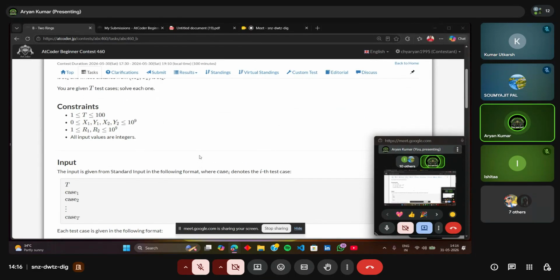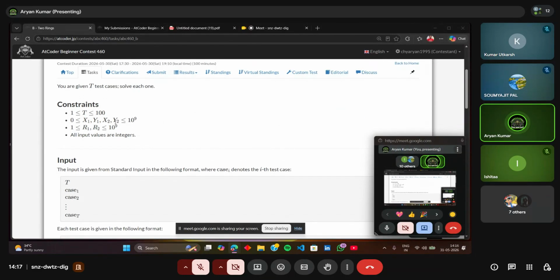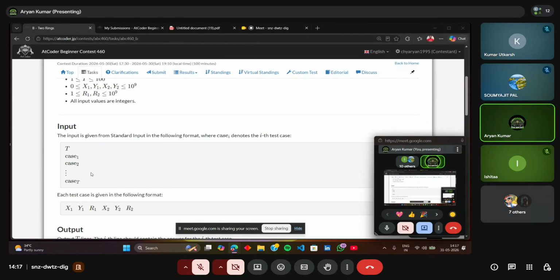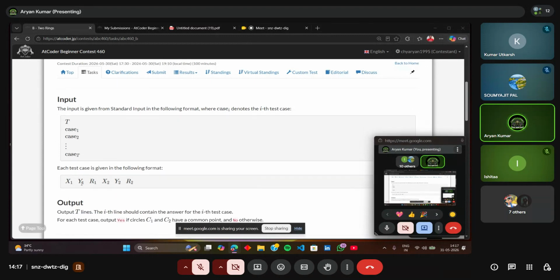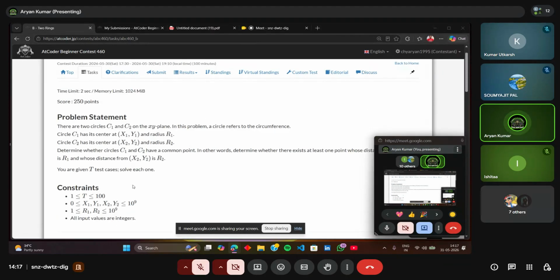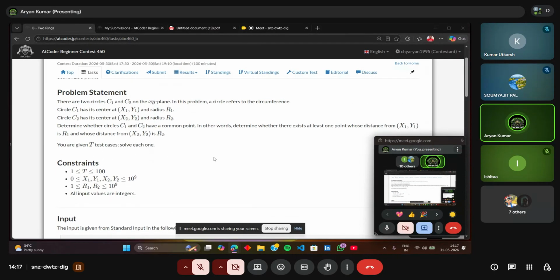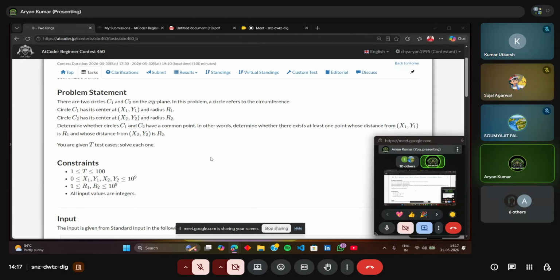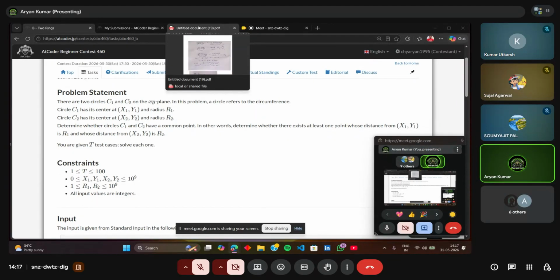The input format is that we are given t test cases, and for each test case we take input x1, y1, r1, x2, y2, r2. First of all, let us understand in which conditions two circles can have a common point. I have drawn it here.